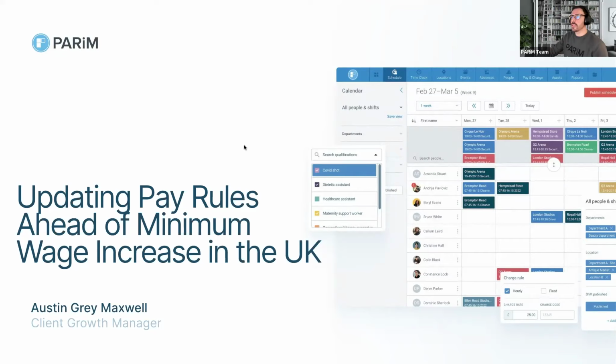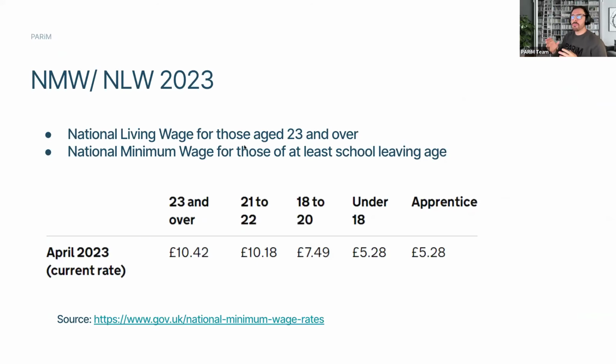All right, so as most of you are probably aware, the national minimum wage is coming to an end of this month. Starting on April 1st, there's going to be an increase. As you see, there are the age categories and then the additional apprentice category, starting from 528, moving up to 749, and then 1018.